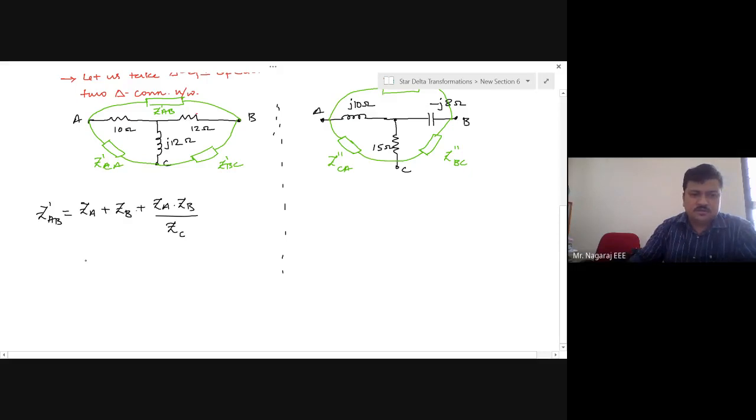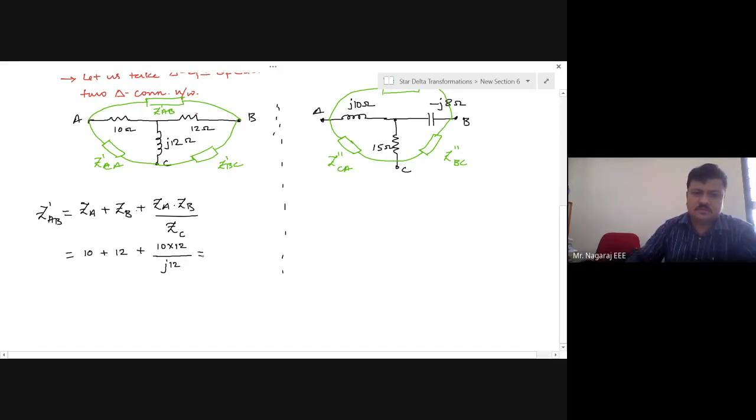Okay, so this is equals to ZA is 10 plus ZB is 12 plus 10 into 12 divided by J12.